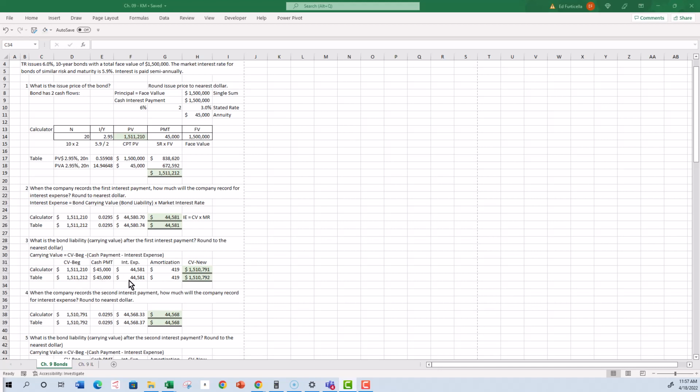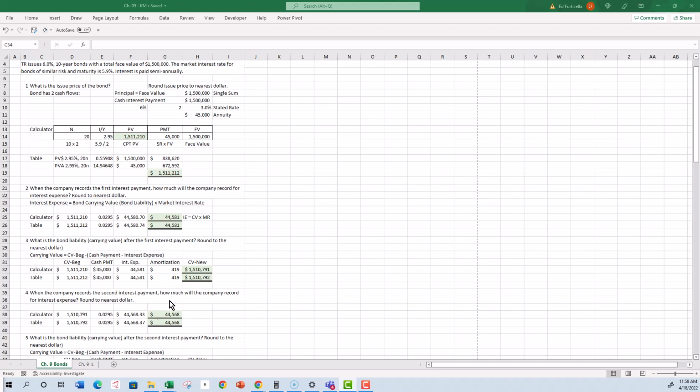The difference between the cash payment and the interest expense is the amount of the premium we're going to amortize, $419. Subtract that from the original carrying value, and we get a new carrying value of $1,510,792. This new carrying value is also called the bond liability.